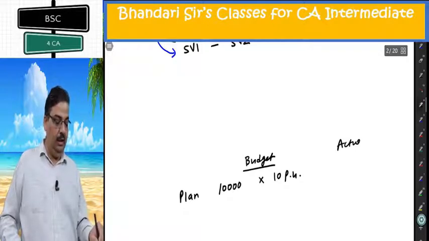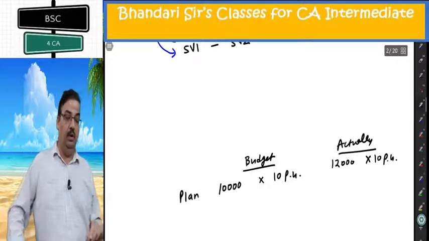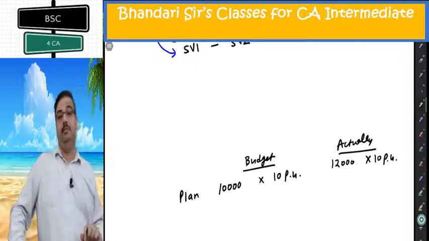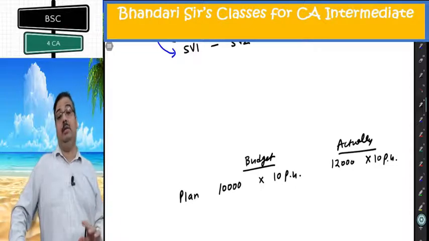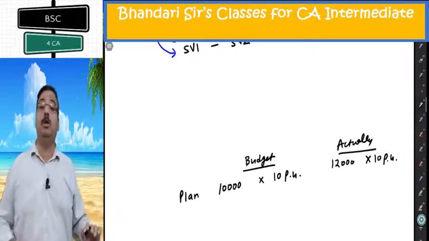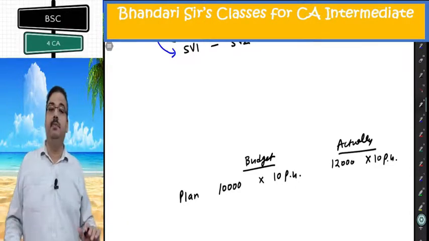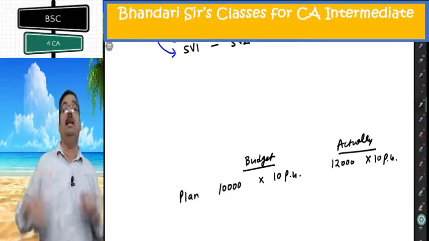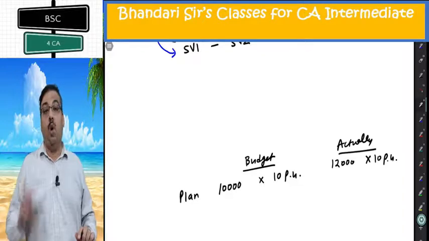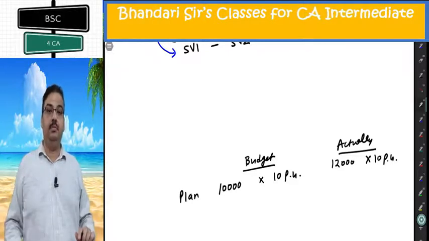If actually I sell at 10 per unit but I sell 12,000 units, then also my sale value will be higher. Their actual is something better than the budget. But price is not responsible because price was same. So there can be other reasons. The reason here is quantity getting increased. Quantity is one of the reasons.